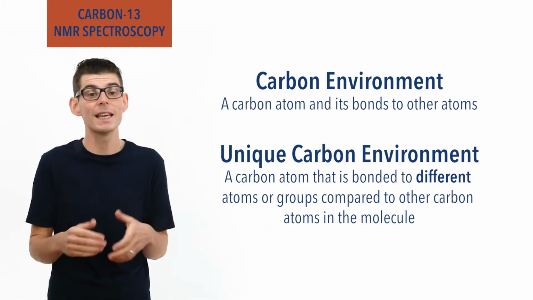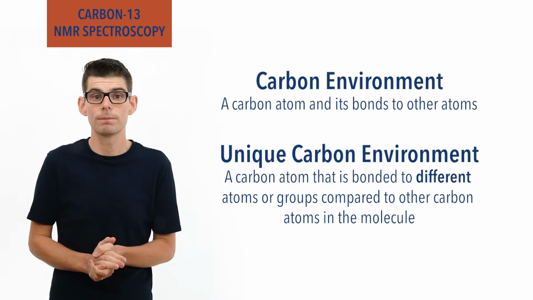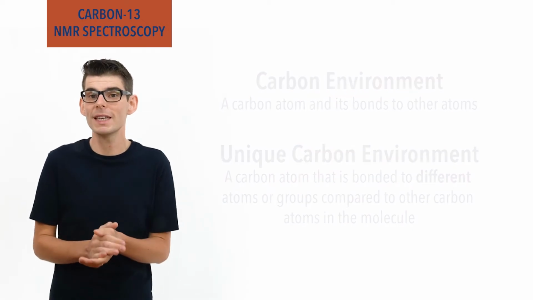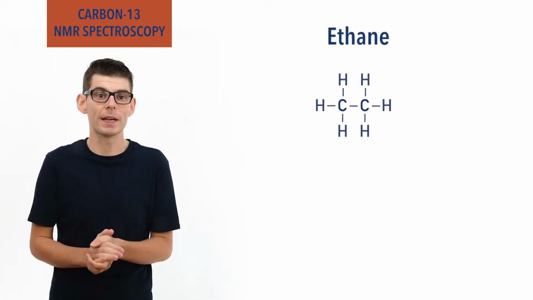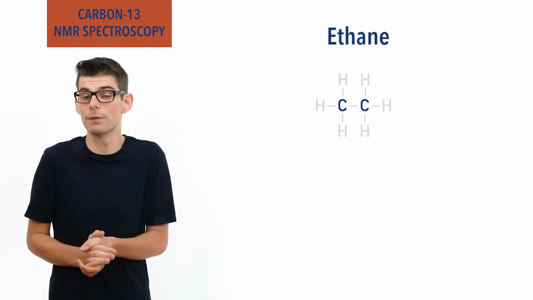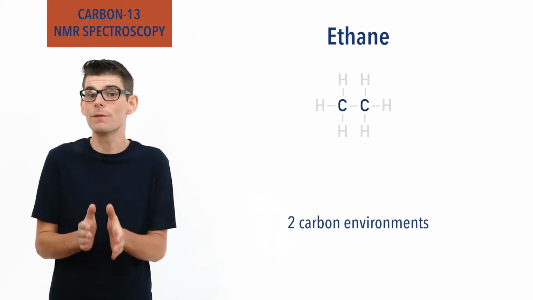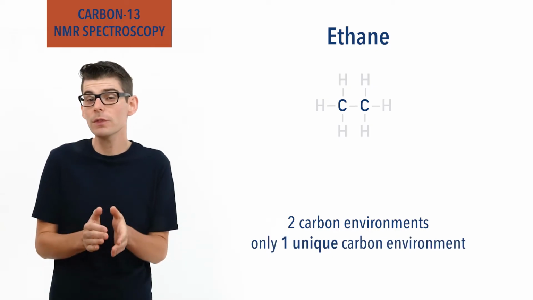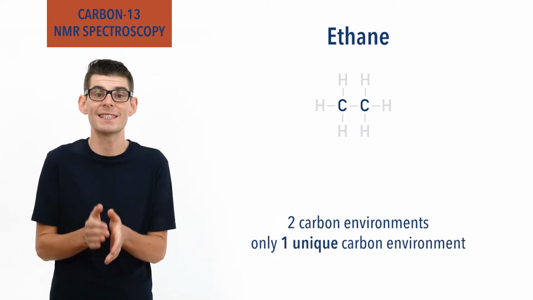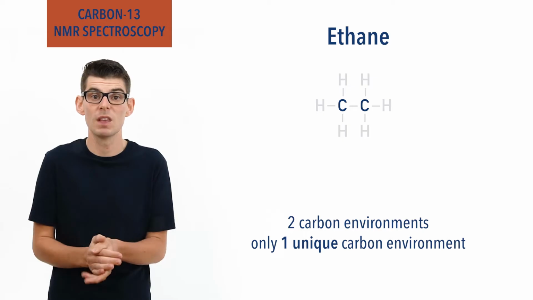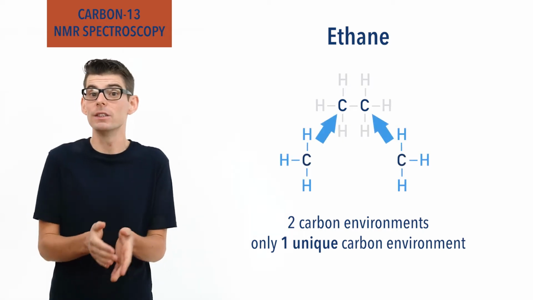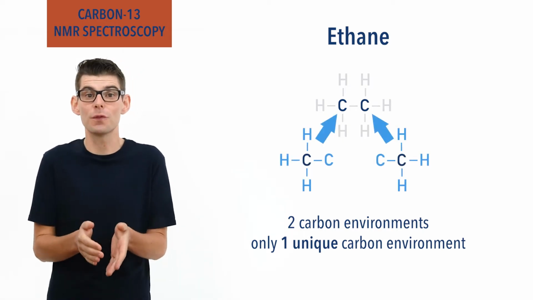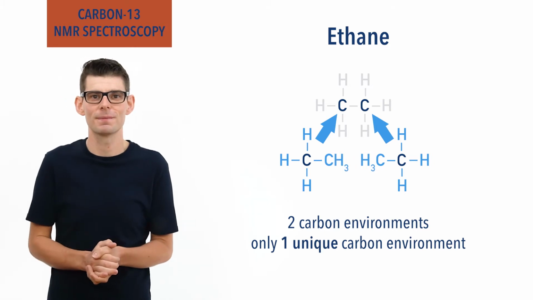For example, in the molecule ethane, there are 2 carbon atoms, meaning 2 carbon environments. However, there is only one unique carbon environment, as both the carbon atoms are bonded to the exact same atoms and groups, 3 hydrogen atoms and another carbon atom that is bonded to 3 other hydrogen atoms.